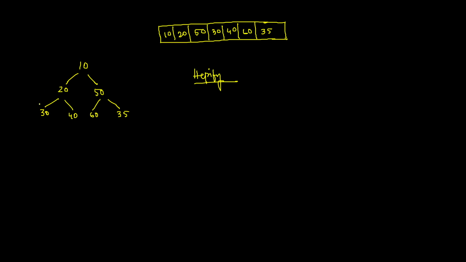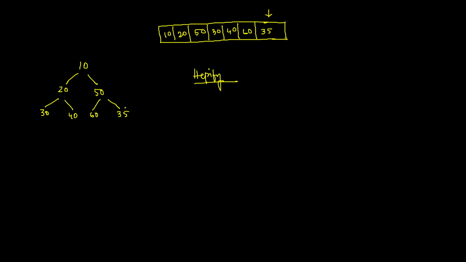But 30 is present somewhere in the middle of the array. If you want to create a max heap or min heap, you should follow a proper procedure. And the procedure always starts from the last data that we have. So basically, we will start from here.